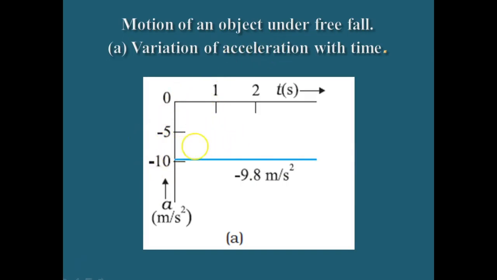So here the acceleration with respect to time is uniform, isn't it? So that is represented using a straight line, and that acceleration due to gravity is given by g. Its value is minus 9.8 meter per second square. This is the first figure.